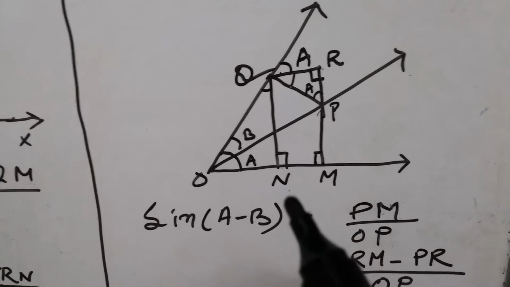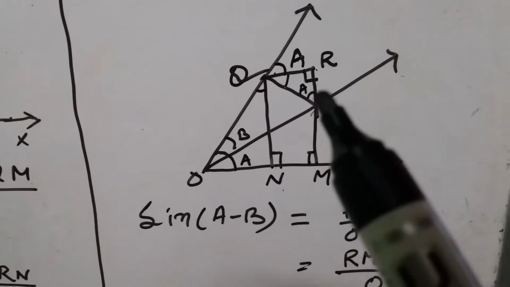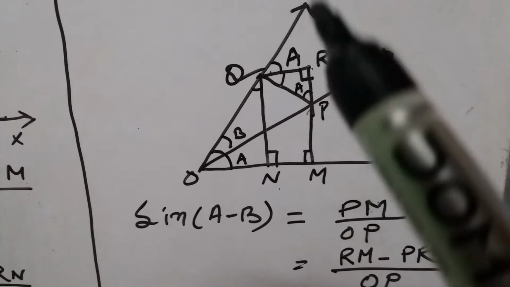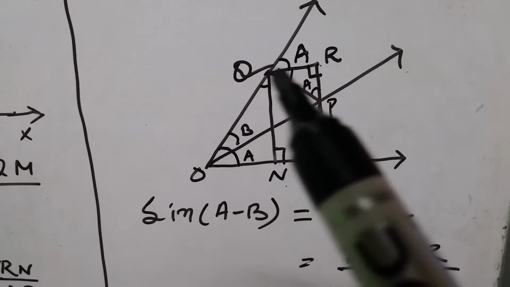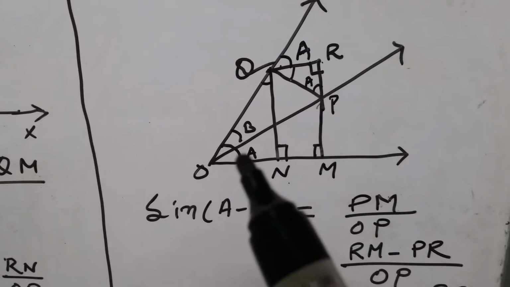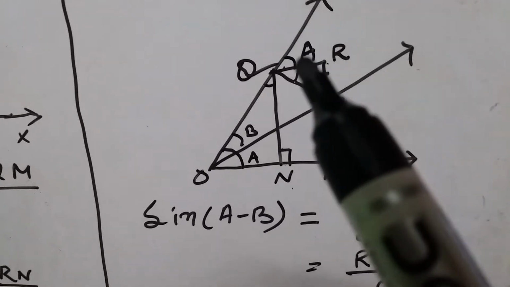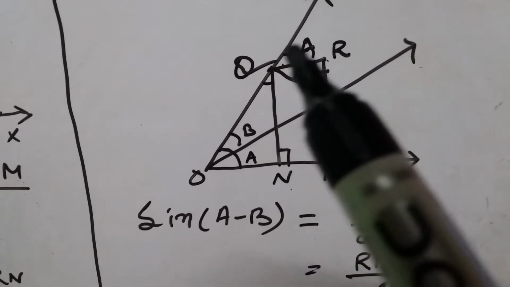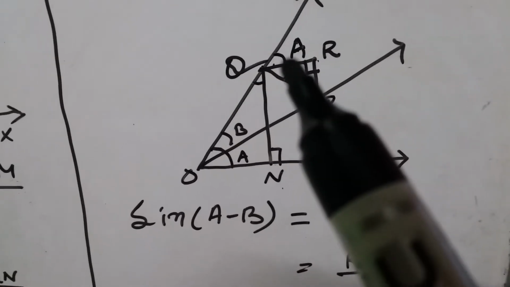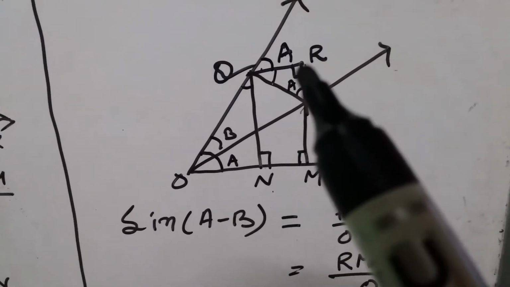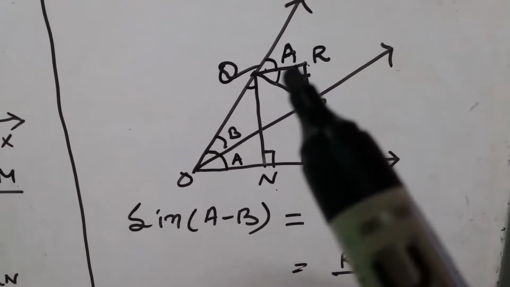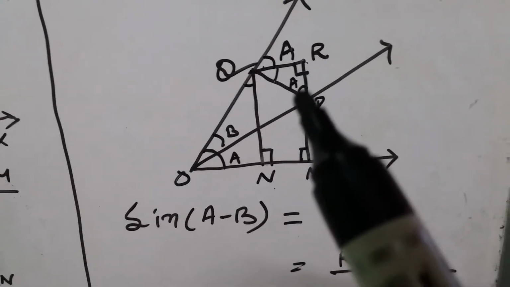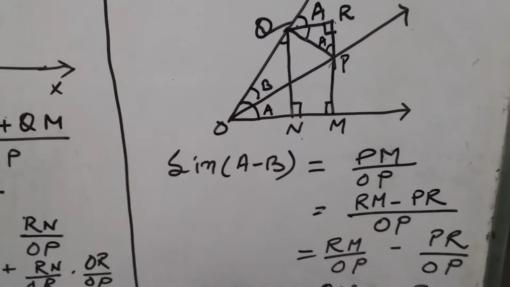From Q draw a perpendicular. From P draw a perpendicular and produce, from Q draw perpendicular here. So this angle is A, as these are parallel, and 90 minus A, so this angle is A.